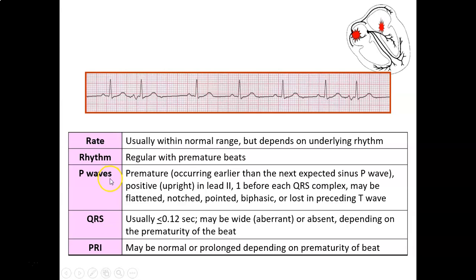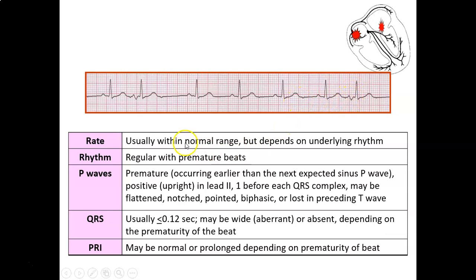Can you see P waves in this complex number 1? Yes, P wave with QRS complex. But in complex number 2, the shape of the P wave is different, then followed by the QRS complex. Then again complex number 3, normal shape P and QRS complex. The 4th, 5th, 6th, and 7th are again abnormal shape P waves.